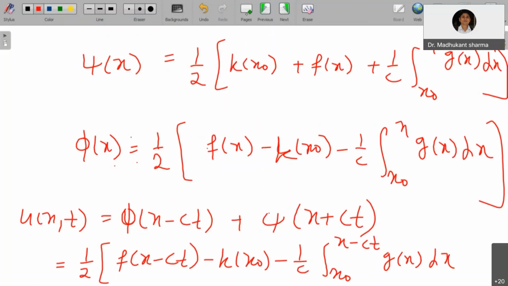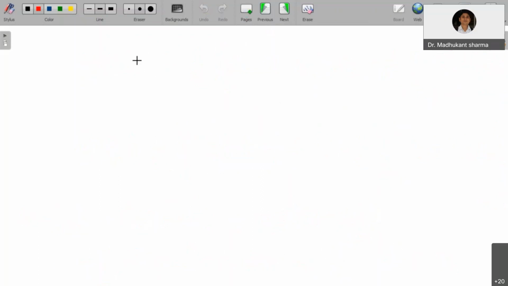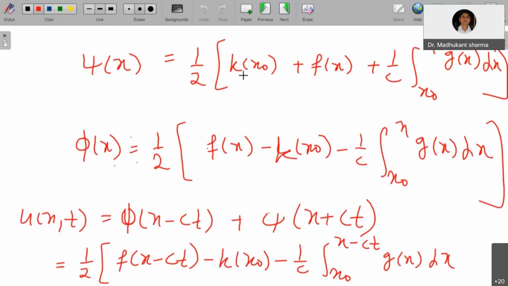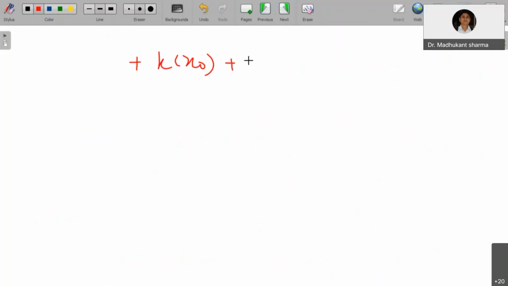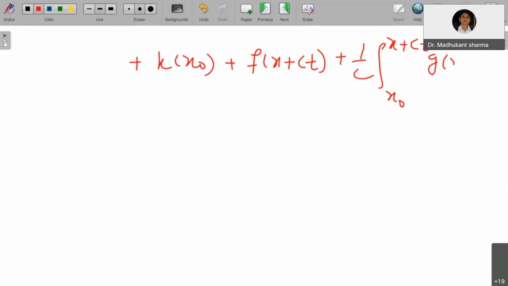So c of x plus ct is k of x naught, because x naught is fixed so this remains constant, plus f of x plus ct plus 1 by c integration x naught to x plus ct g of x dx.